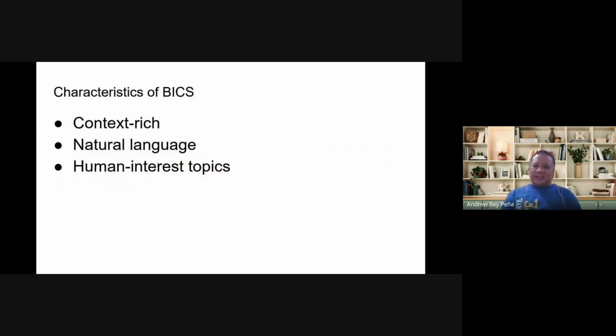So a characteristic here, there are several characteristics of basic interpersonal communicative skills. First, it is context rich, meaning there are many extra linguistic cues involved. So there is the context, there is the situation, there are gestures, facial expressions, tone of voice, and even body language.